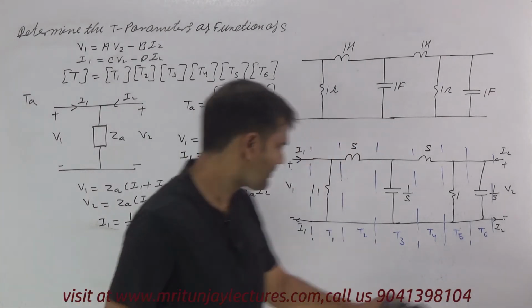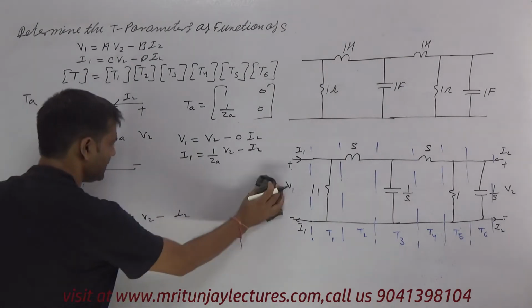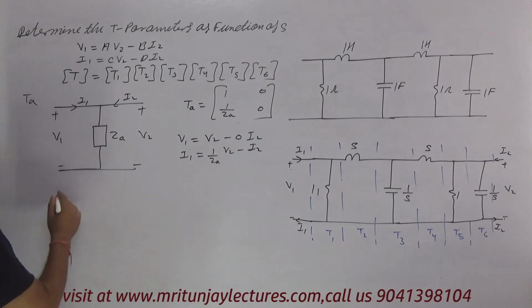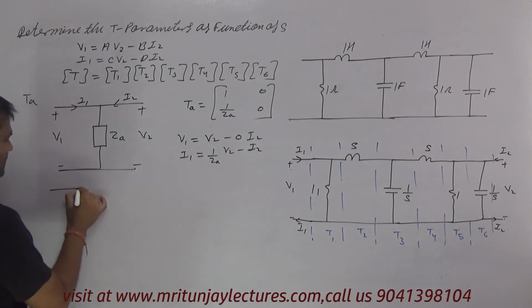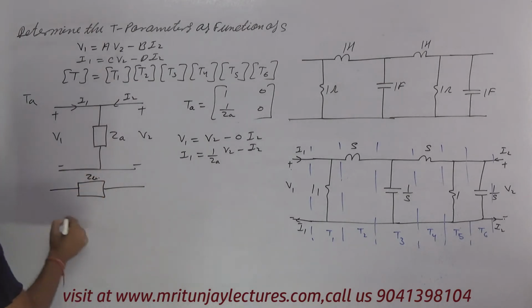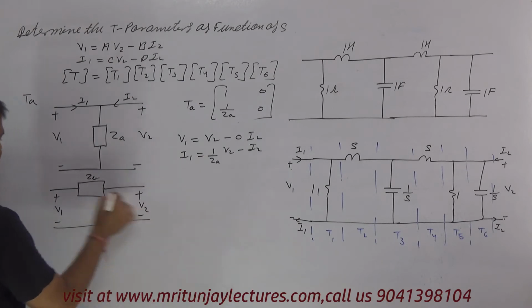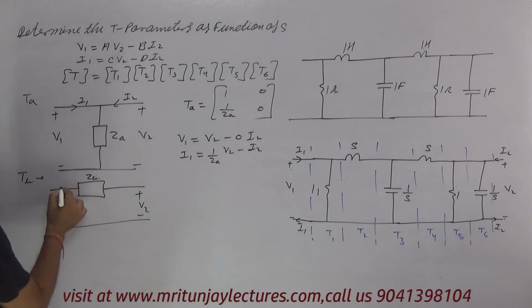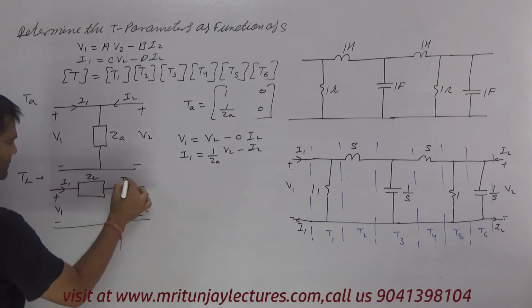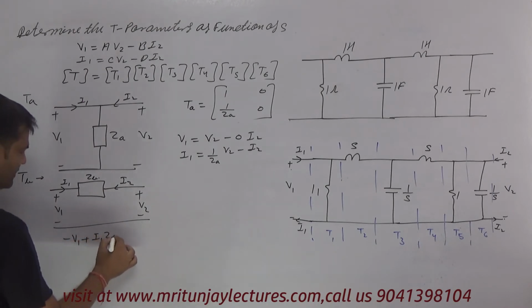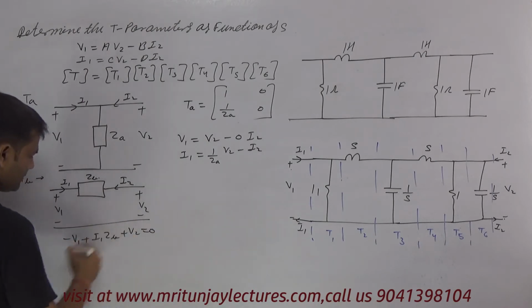Now another way. If the circuit is represented like this one, suppose ZB, and this is V1 and this is V2, corresponding to network TB. Now I1 here, I2, minus V1 plus I1 ZB plus V2 is equal to 0.